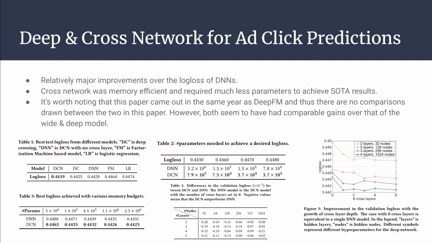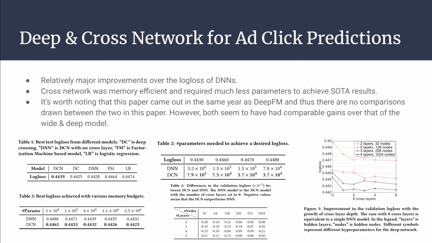It's worth noting that the authors of this paper said that a 0.001 decrease in the log loss is actually a major improvement in terms of click-through rate. And these results are based on the same dataset as before, the Criteo dataset, which is based on a number of features of user behavior, and you're trying to predict whether or not they'll click on a certain ad.